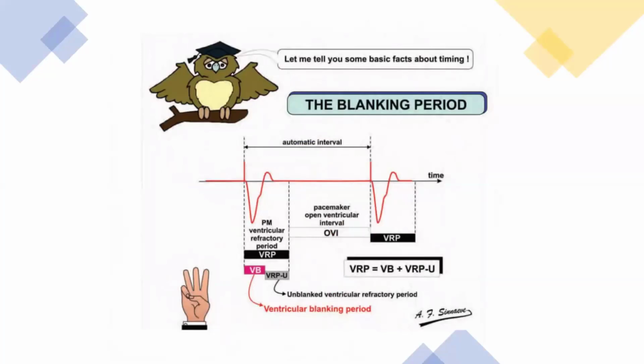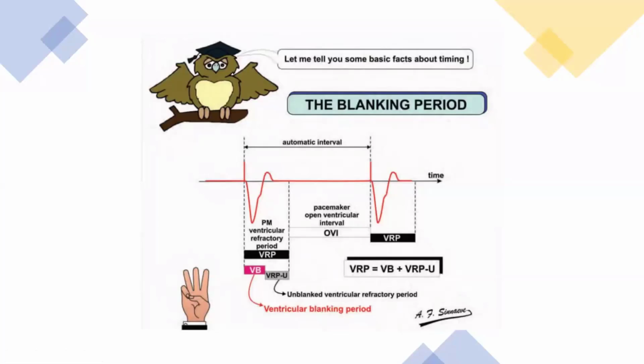So the net result is that during the total refractory period, the pacemaker doesn't act upon anything. But the first part of the ventricular refractory period is called the blanking period, where the pacemaker is completely blind. And the next part, the unblanked refractory period, the pacemaker can see, but it ignores.